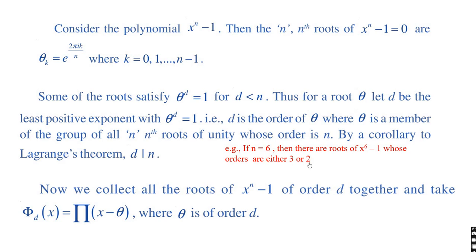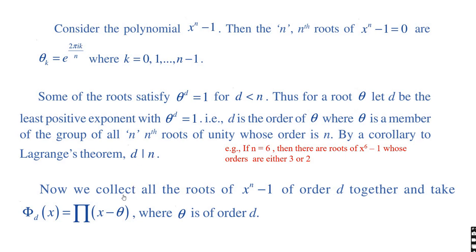3 or 2. So, for your root theta, if we denote d to be the least positive exponent with theta power d equal to 1, that is, d is the order of theta, where theta is a member of all nth roots of 1, then the relation is, by Lagrange's theorem, d is a divisor of n.